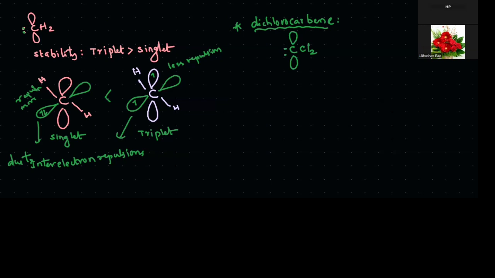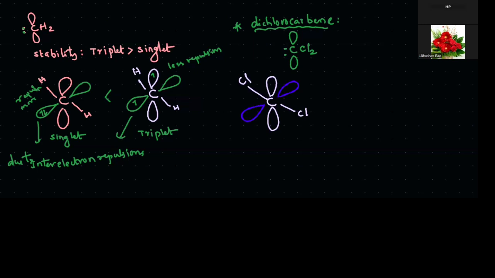So now, this is the one carbon atom. This carbon has one chlorine here, and here also one chlorine atom. Next, this is the orbital.